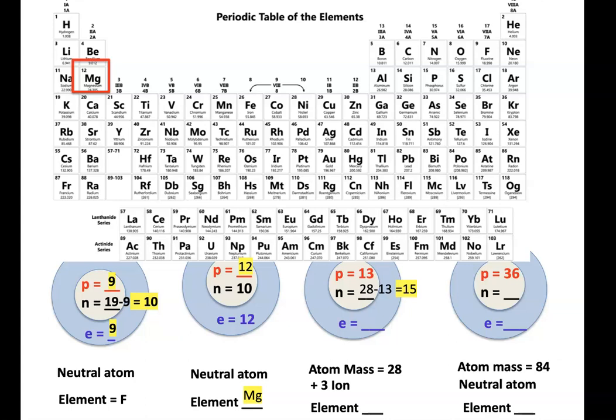And since you have a 3+ charge, that means you don't have equal numbers of protons and electrons. You actually have more protons, meaning you lost electrons. So you're going to subtract 3 from the number of protons.